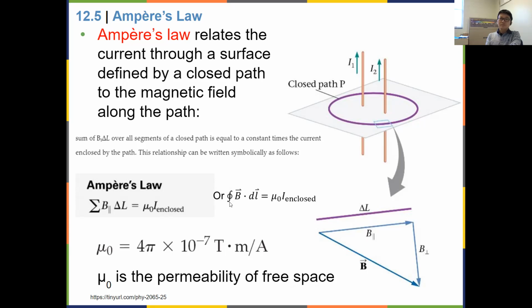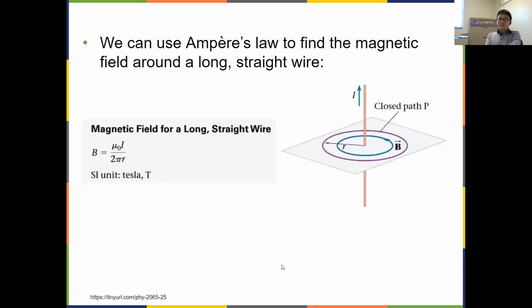Integrate through the whole closed path. That equals mu naught I enclosed, where mu naught is the constant called the permeability of free space. All right, so let's take a look at Ampere's law for a single wire.